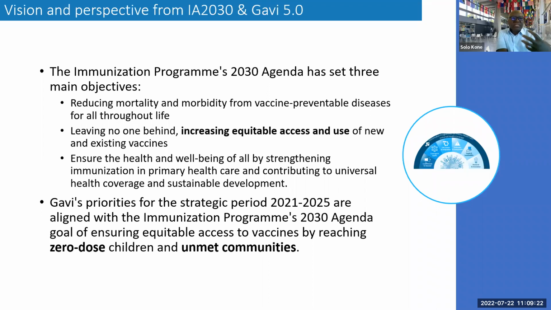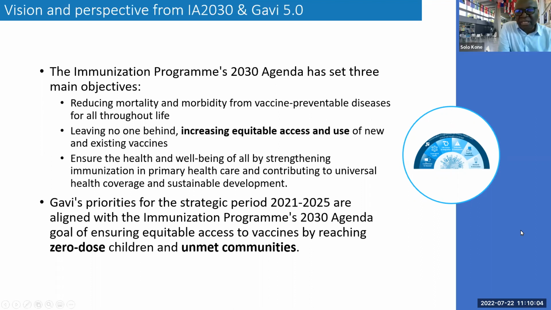Both of these big global initiatives are mainly to reduce the mortality and morbidity of vaccine preventable diseases throughout the life course. And especially the need to leave no one behind and to increase the equitable access and use of existing and new vaccines. In that, ensuring the health and well-being of all by strengthening immunization in primary health care and contributing to universal health coverage and sustainable development.